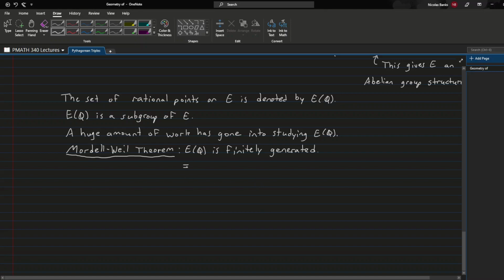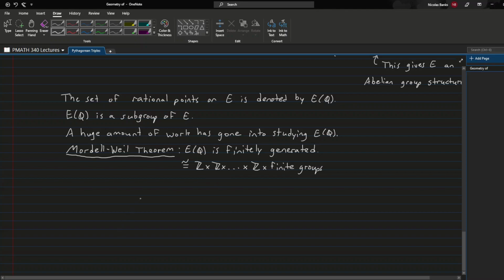So E of Q as a group is isomorphic to some finite number of copies of the integers times some finite groups. Those are called the torsion parts. This is called the free part, just the Z's at the beginning.